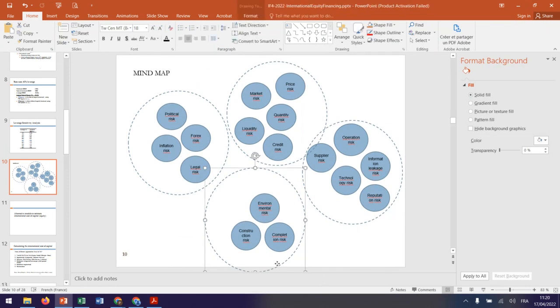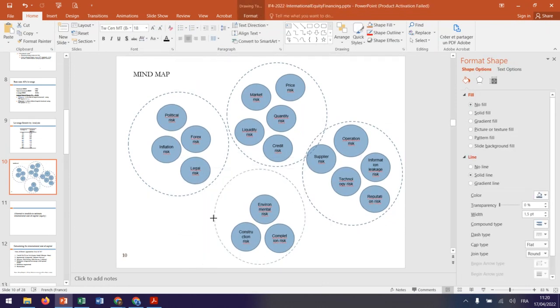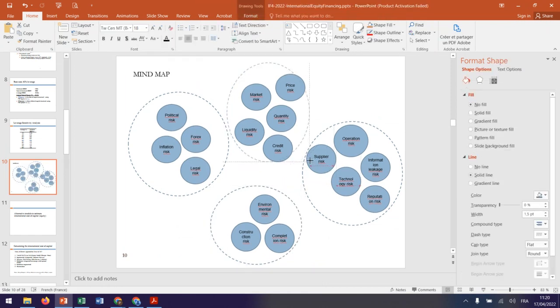Hmm, that looks nice. Okay, I have kind of four types of clusters that would probably allow me to analyze further.